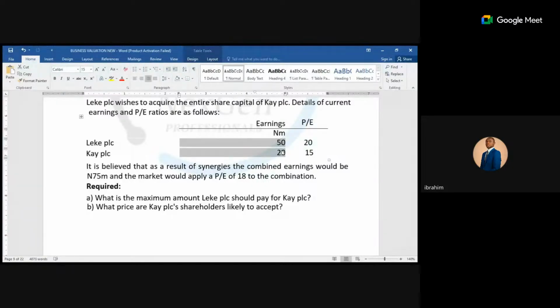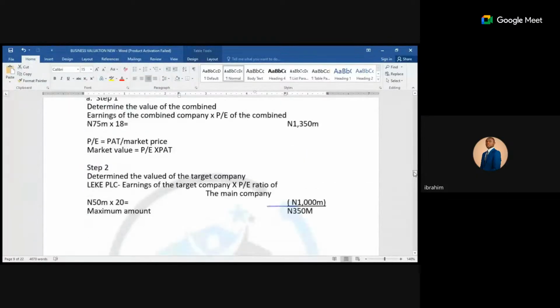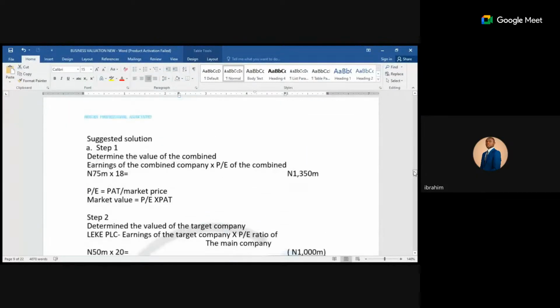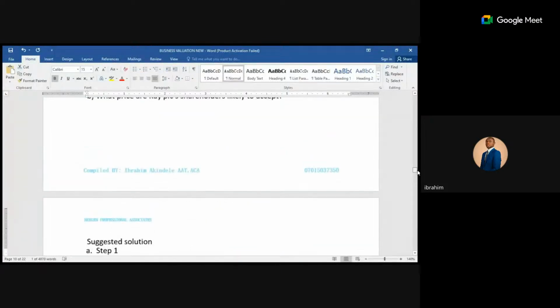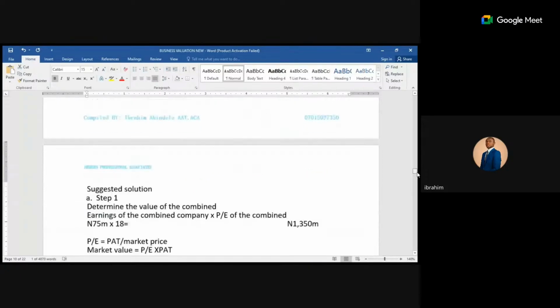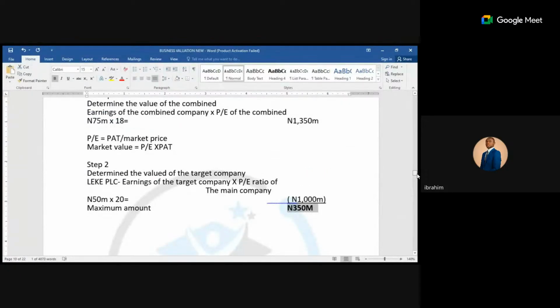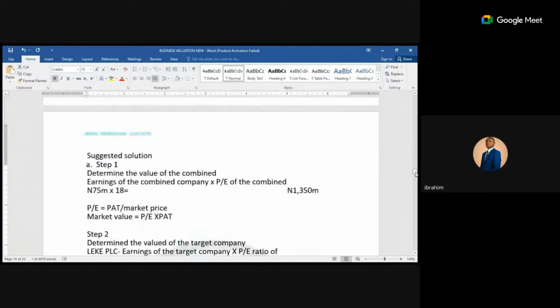That gives you the value of the combined company. Then you remove the value of the main company. Once you subtract it, you have the maximum amount that you can pay for that particular company. So the highest amount that you could pay is this, while the minimum amount is the other way around.